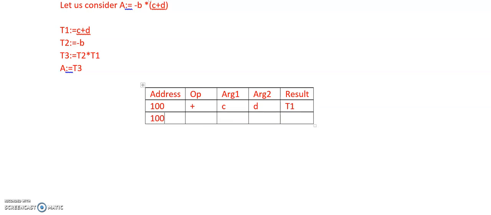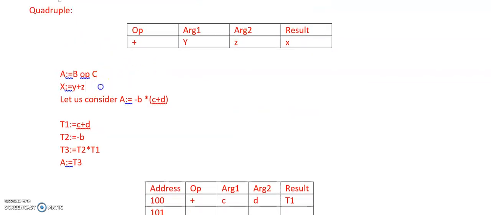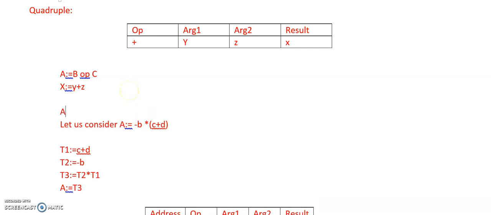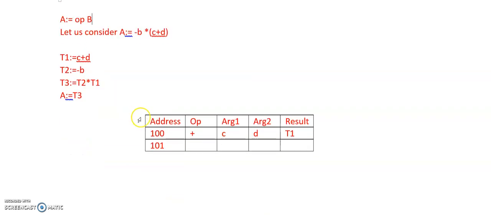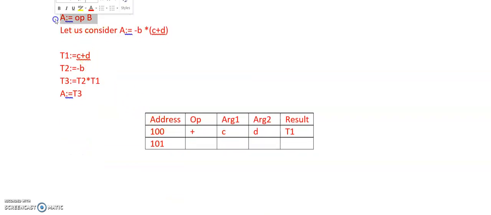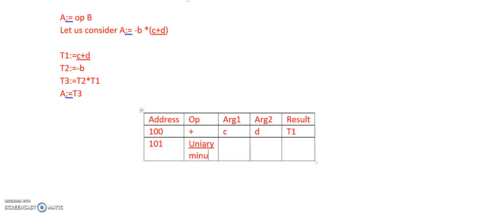In the next instruction, that is 101, I am storing the unary operator. Suppose your instruction is A is equal to op B. In this manner, argument 2 for this type of instruction is nothing. So for the operator you write unary minus.